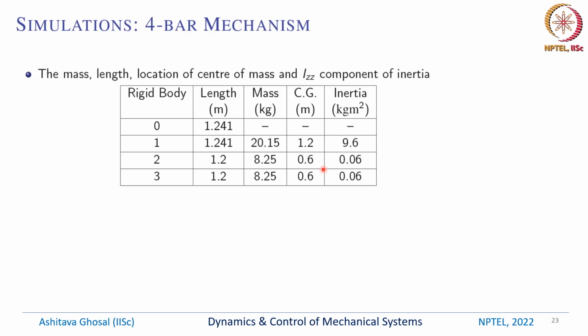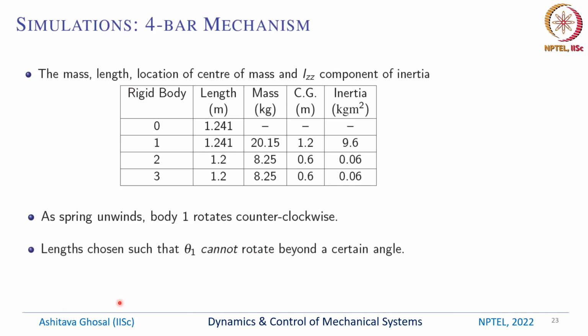There are many such applications where you start from a folded configuration and then go to an unfolded configuration. We want to know how this 4-bar mechanism moves as it unfolds. As the spring unwinds, body 1 rotates counterclockwise. The lengths are chosen such that theta 1 cannot rotate beyond a certain angle.